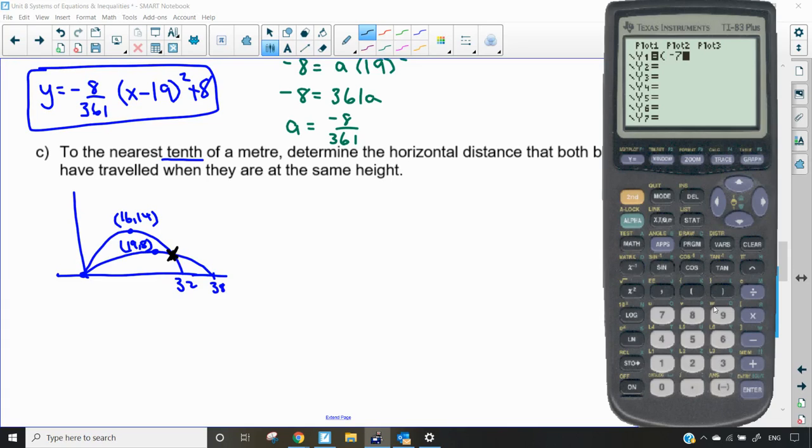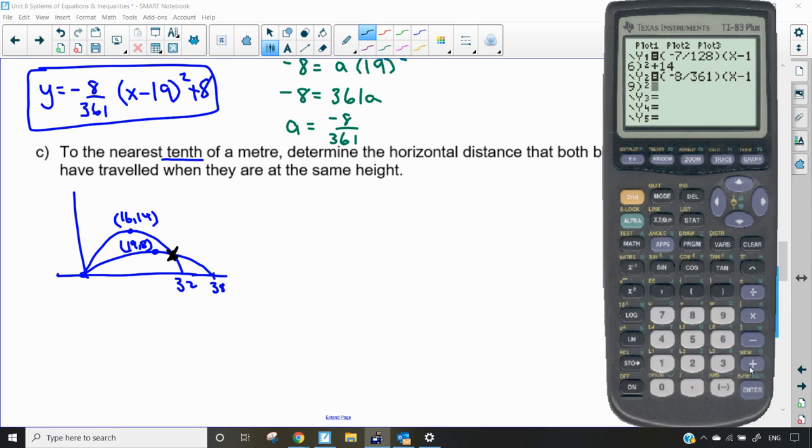So graphing these on our calculator, we have negative 7 over 128 times (x minus 16) squared plus 14. And for our second equation, we have negative 8 over 361 times (x minus 19) squared plus 8.